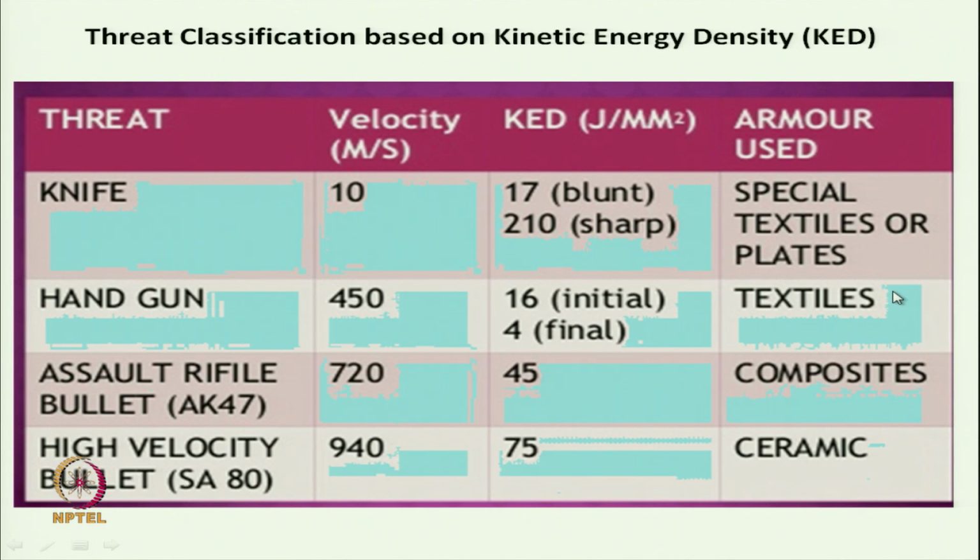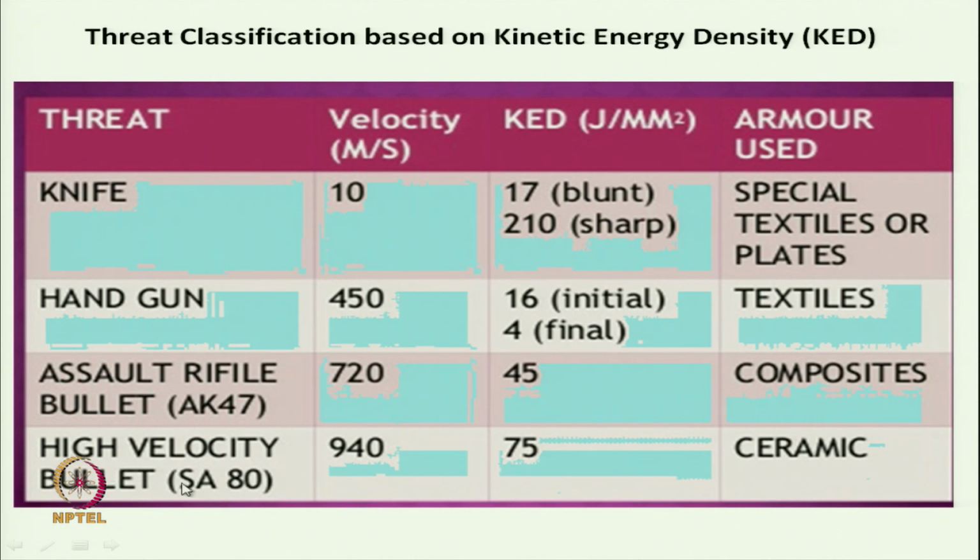So, special textiles are used. For an assault rifle like the AK-47, where the speed is around 720 meters per second, the kinetic energy density is 45, and composites are generally used for this type of threat.